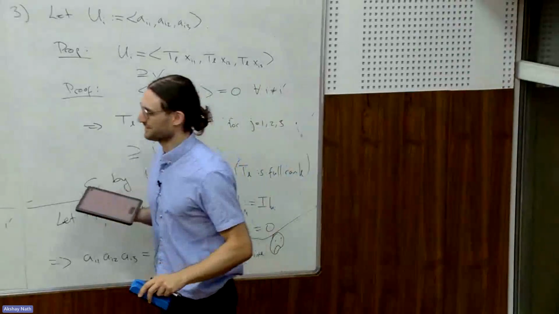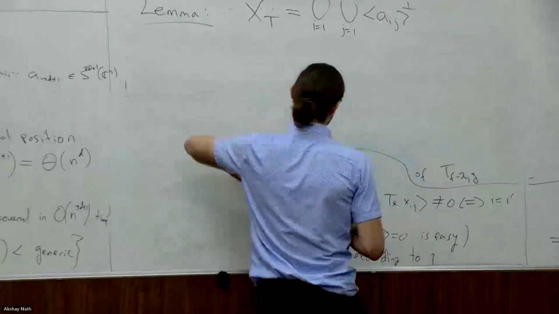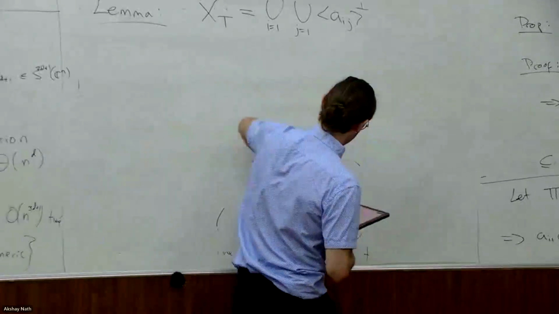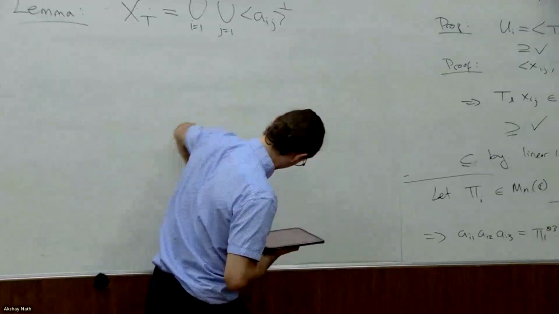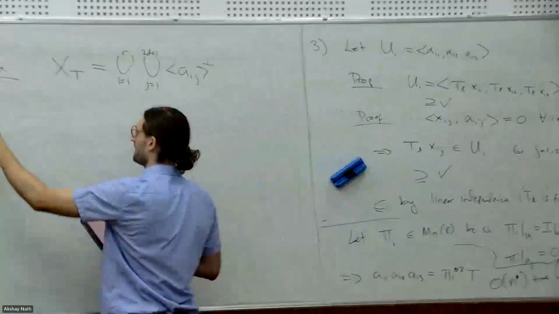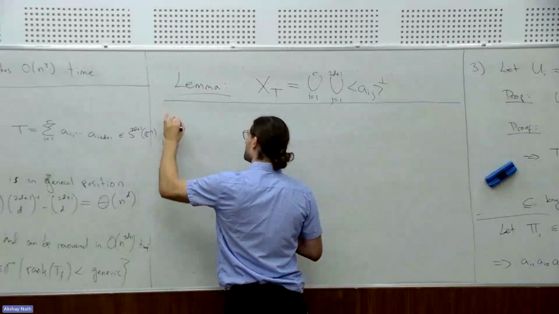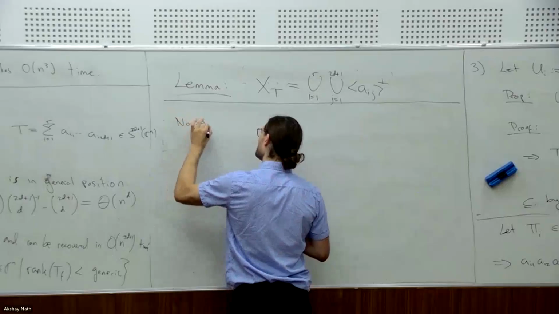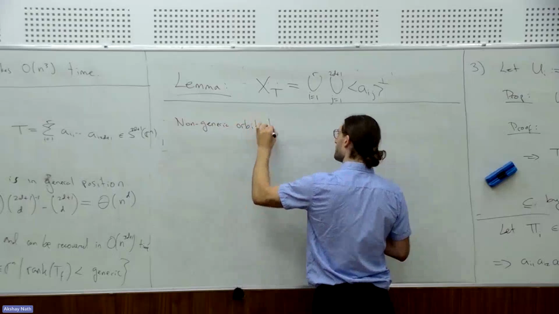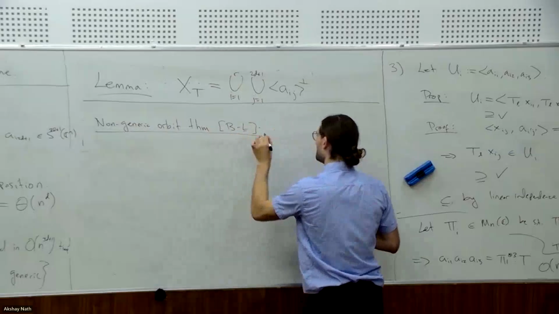So one more extension I'll mention. I'm calling it the non-generic orbit theorem, which sounds way more fancy than it is.